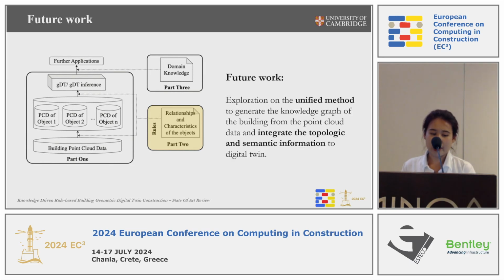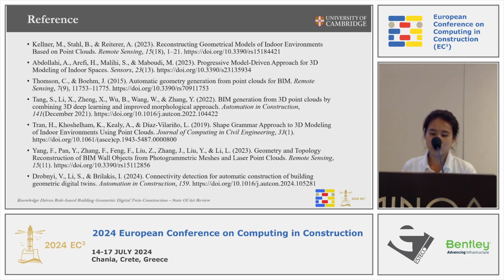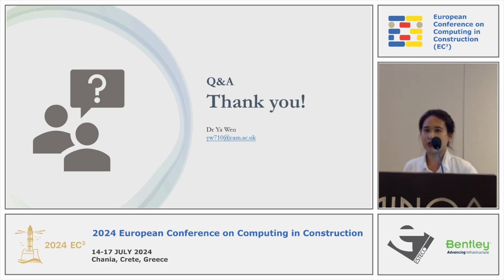And in the future, I will explore a unified method to generate the knowledge graph of the building from the point cloud data and integrate the typological and semantic information into the digital twin. Yeah, that's my presentation. Thank you.